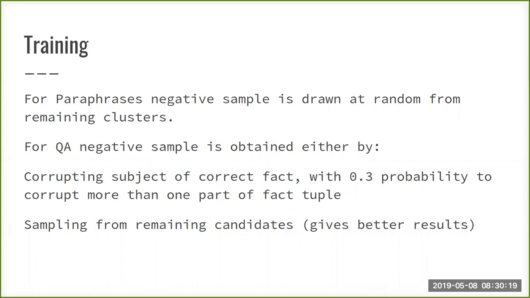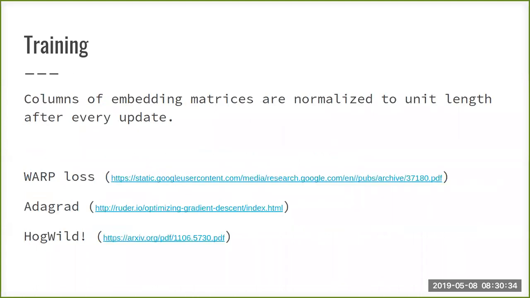And the other thing which they tried, and it gives better results, is they would sample at random from the remaining candidates that are not the best candidate. Oh, and some other details about the training: after every update is finished, they would normalize the columns of the embedding matrices, like on the unit sphere.